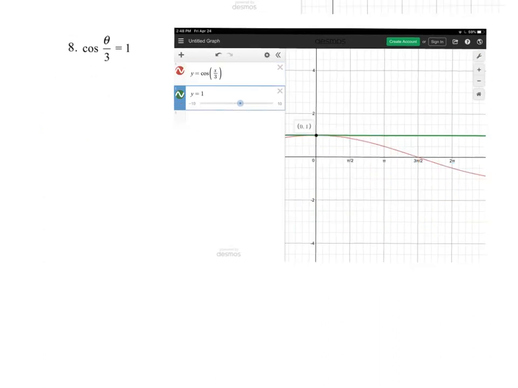All right, we're going to do the same thing for the next one. So I graphed each side of the equation in y1 and y2 if you're using a TI-84. Also, if you're using a TI-84, to find the intersection, it's a little more complicated than just tapping the point like in Desmos. On a TI-84, you're going to have to press second, trace, and then intersect or intersection, something like that.